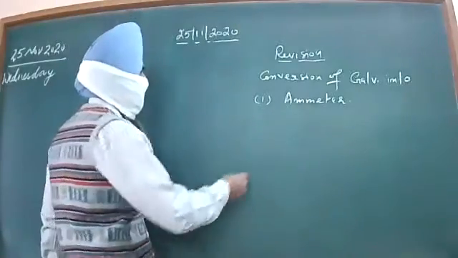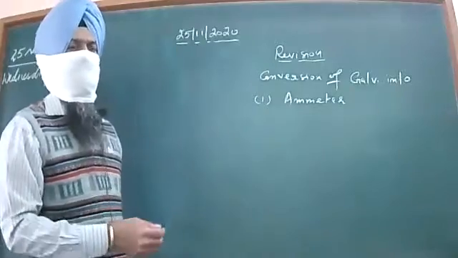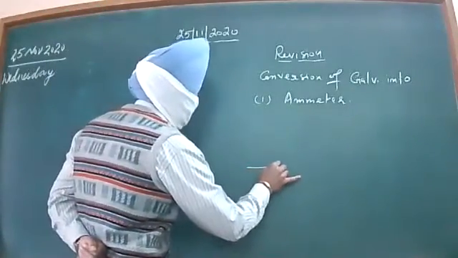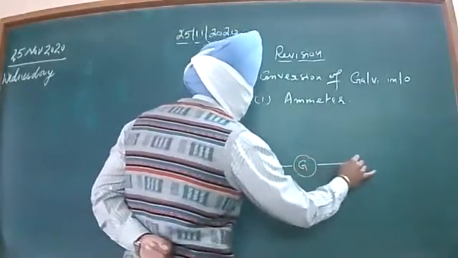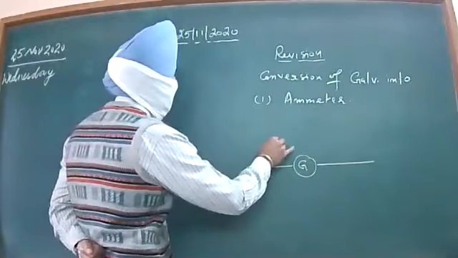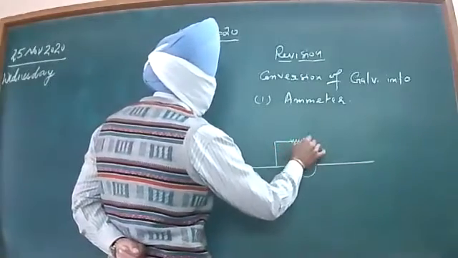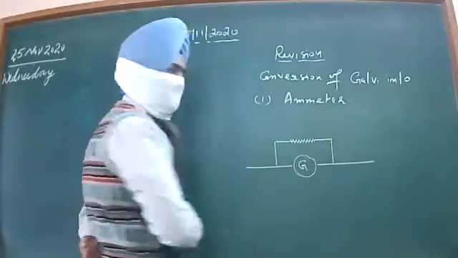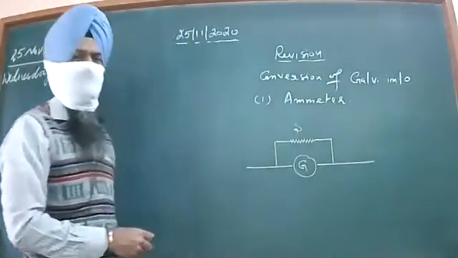Now the point arises: how can we get the galvanometer converted into an ammeter? Dear children, imagine that this is the setup of your galvanometer. In order to get it converted into the ammeter I will be connecting a small resistance in parallel with this galvanometer, and this we term as the shunt resistance.